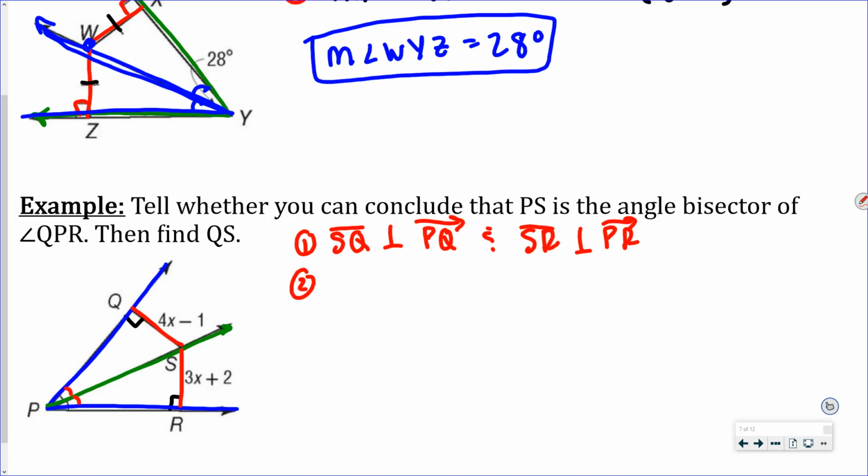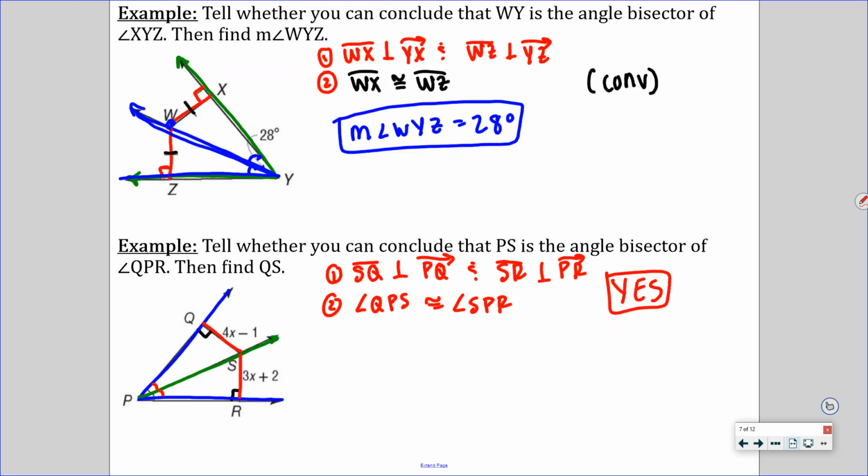And they literally showed me that it bisects the angle, that angle QPS is congruent to angle SPR. So my answer is yes. I don't know if we wrote yes on the last one, but I would write yes, we can, because it says tell whether you can conclude. It's usually an answer like yes or no. Yes, we can conclude it's a bisector.